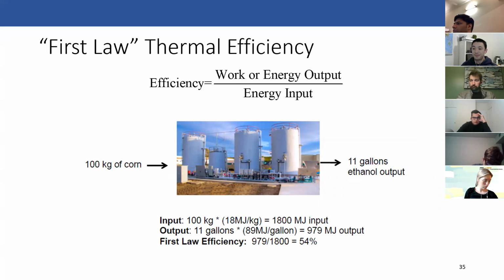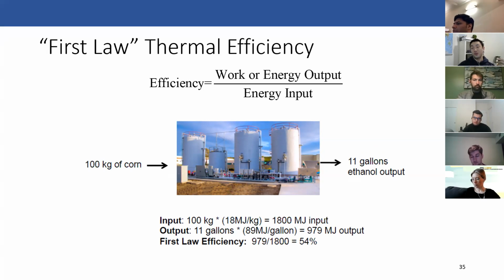Okay, and so here you have a production of corn ethanol. Out of 100 kilograms of corn, you get 11 gallons of ethanol output. So we translate our 100 kilograms to megajoules so that they are in the same units. As I was describing before, efficiency, especially when we're thinking about physics systems, is very often a unitless measure.